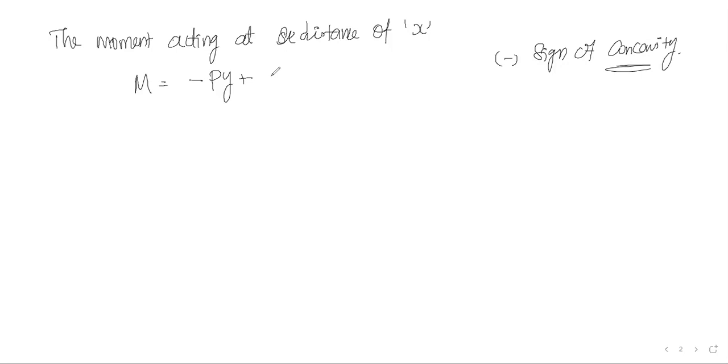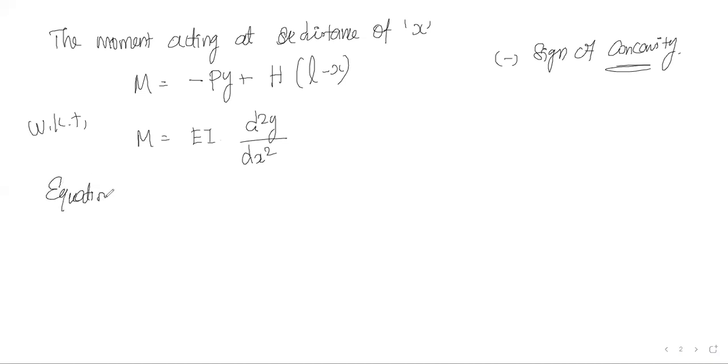Next, with respect to the horizontal force, H into L minus X. We all know that moment M is equal to EI into d squared y by dx squared. Now equating the above two terms.